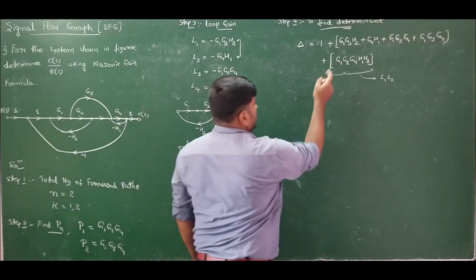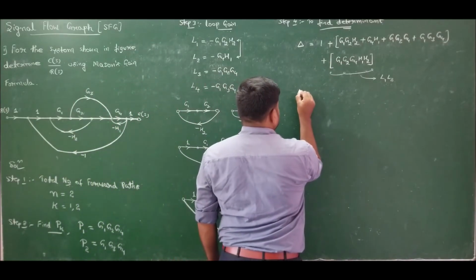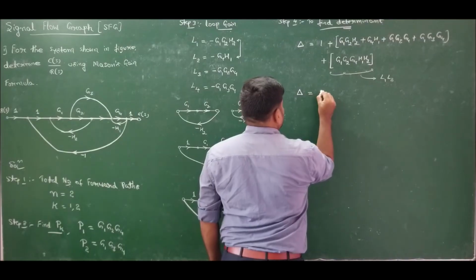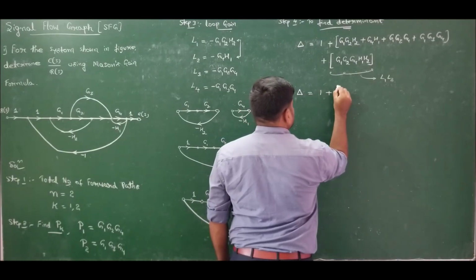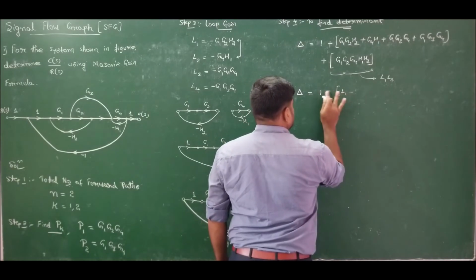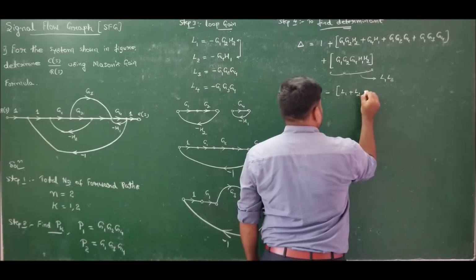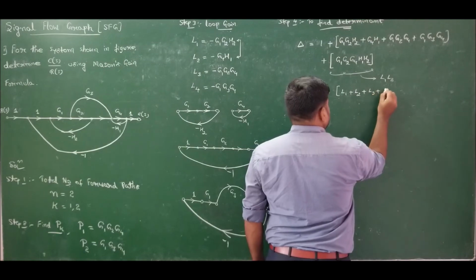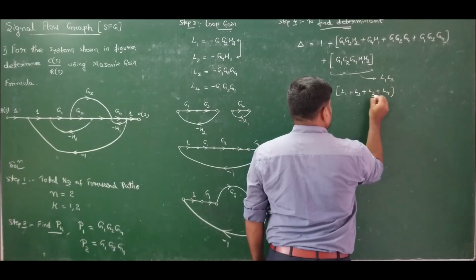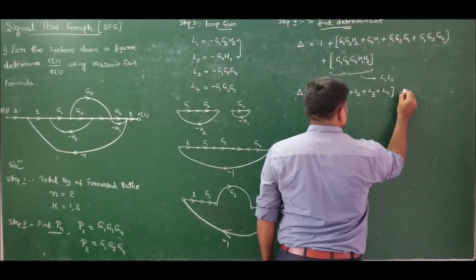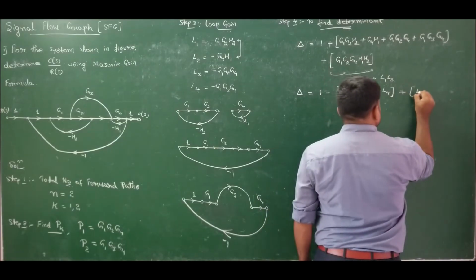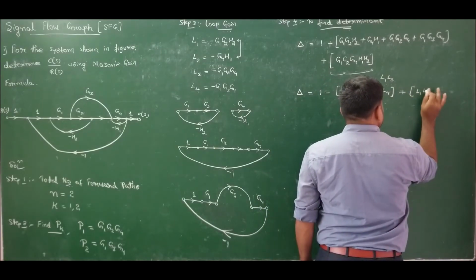So how did we obtain this delta? It would be better if we had written this first: delta is 1 minus the sum of all the loops, L1 plus L2 plus L3 plus L4, plus L1 L2.